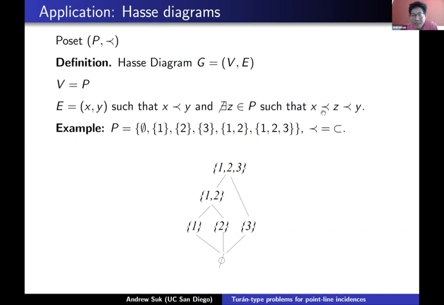So you don't have an element z such that you have this relationship here. And so just as a basic example, here's a poset with this subset relation. And so the Hasse diagram of this poset would be this picture here, which is a graph with 6 vertices and 7 edges. And even though these two elements here are comparable, there's no edge between them because of these middle guys here.